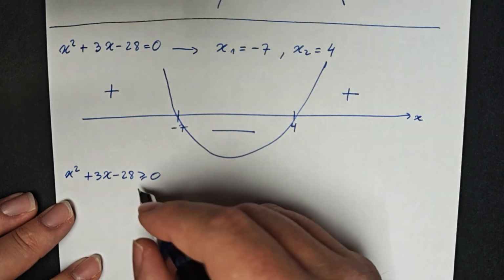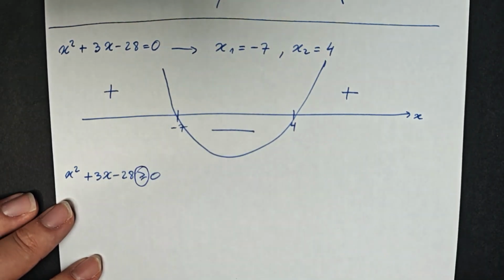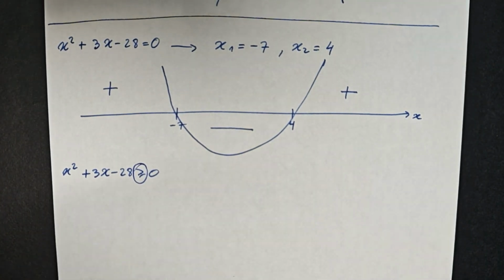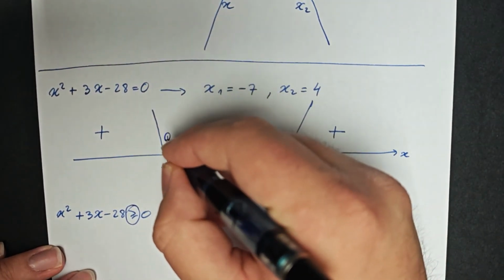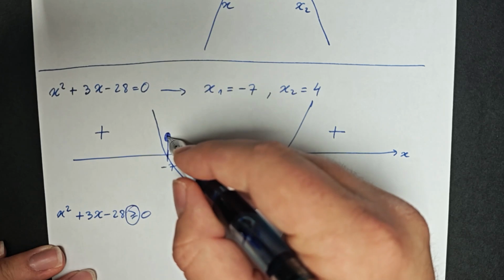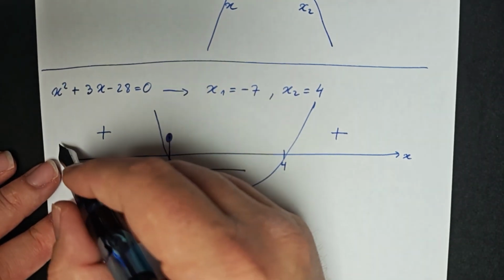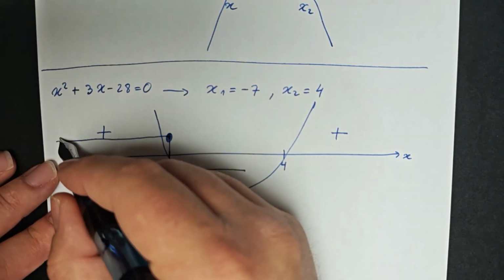Note that we have here larger or equal than 0, so we are going to include zeros in the intervals. Because zeros are included, we have these closed circles at these positions.